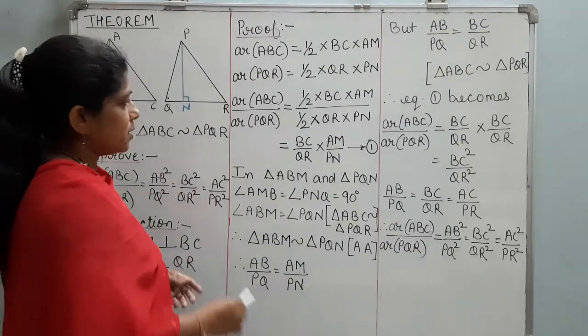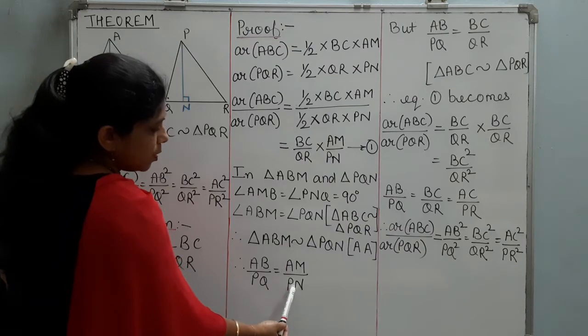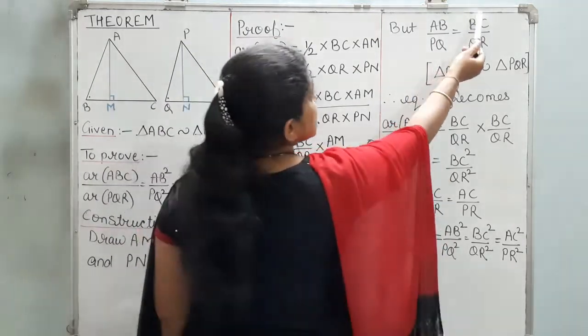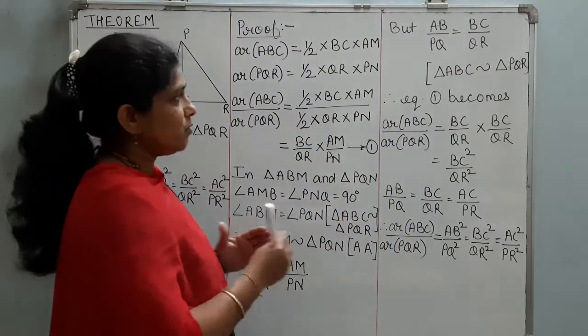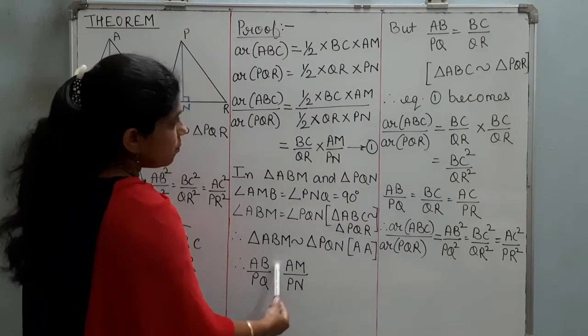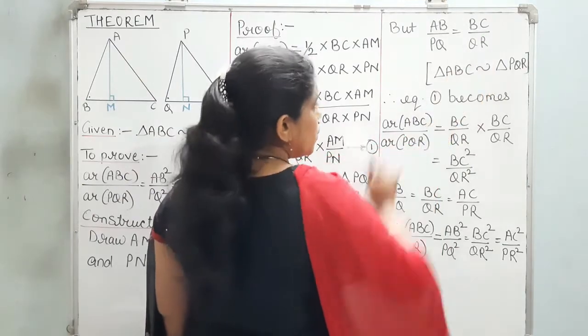Now just have a look at this. Here AB upon PQ is equal to AM upon PN, and AB upon PQ is equal to BC upon QR. So from this what can we conclude? Here we can say AM upon PN is equal to BC upon QR.